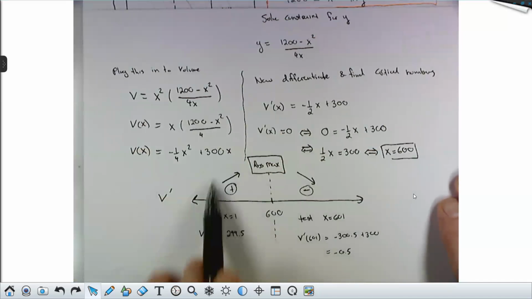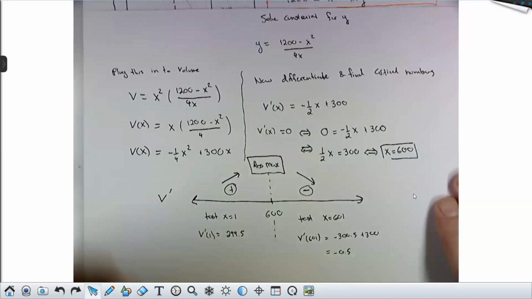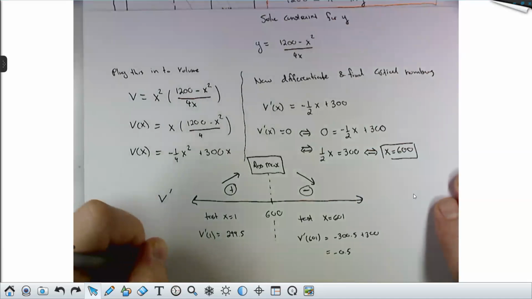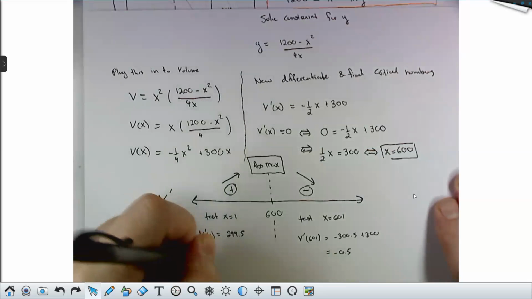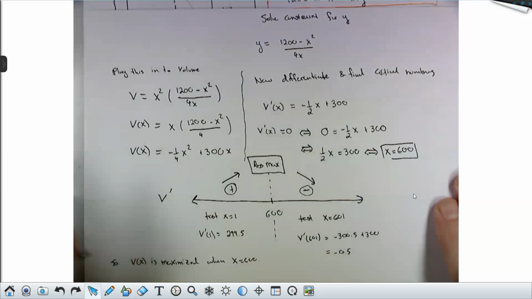Since f prime is positive everywhere to the left of 600 and negative everywhere to the right of 600, this local max has to also be absolute. So v of x is maximized when x is equal to 600.